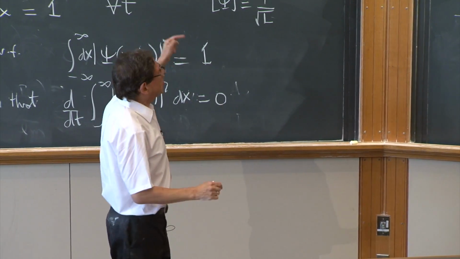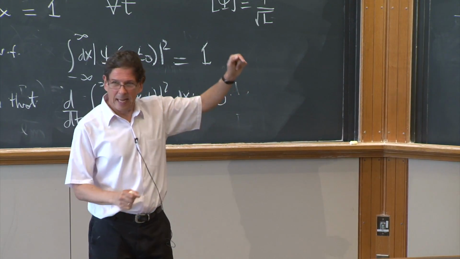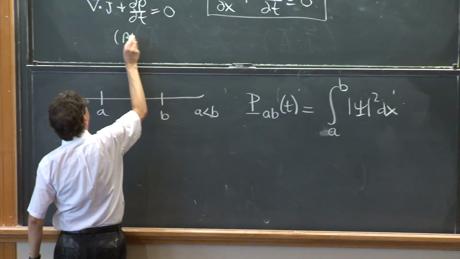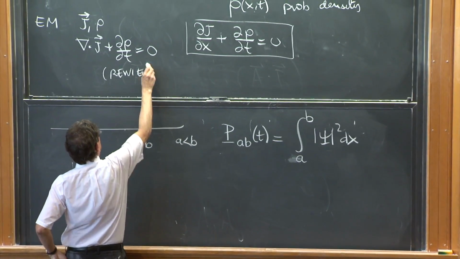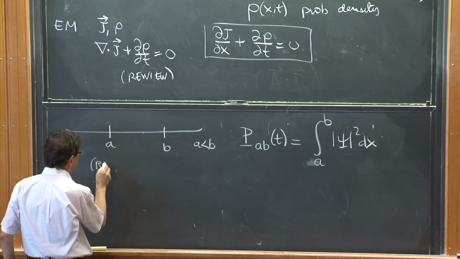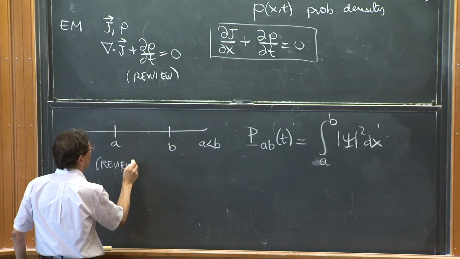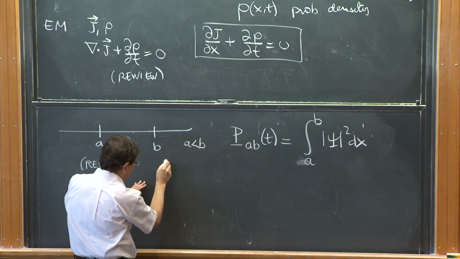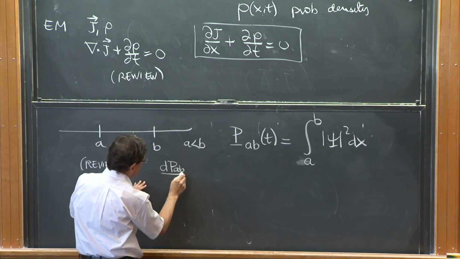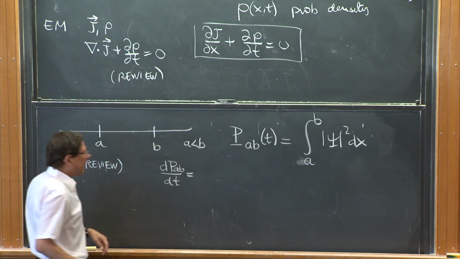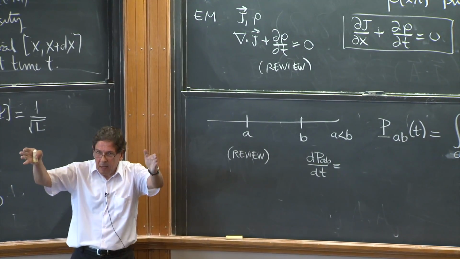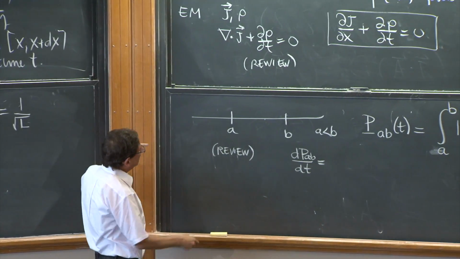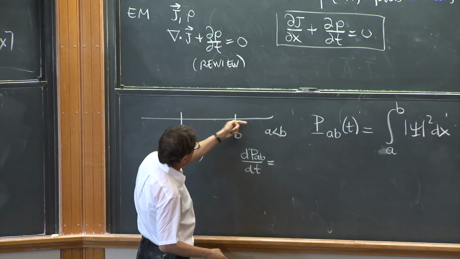You should be able to show, and it's, again, another thing to review, you will use this differential equation and things like that to show that dP_AB dt, the rate at which the probability that you find the particle in this interval changes, depends on what the current is doing here and what the current is doing here.